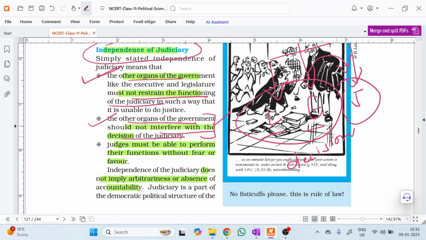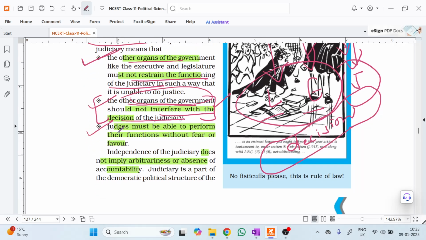And those decisions should be based on the rule of law, they should be based on the constitutional provisions and not on the pressure, not on the interference by other organs of the government.